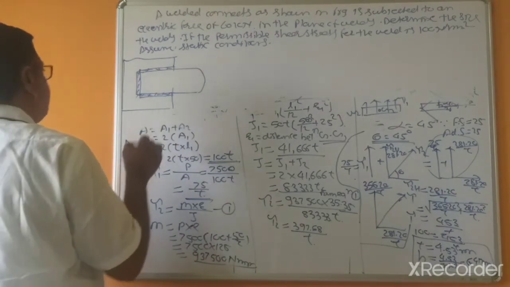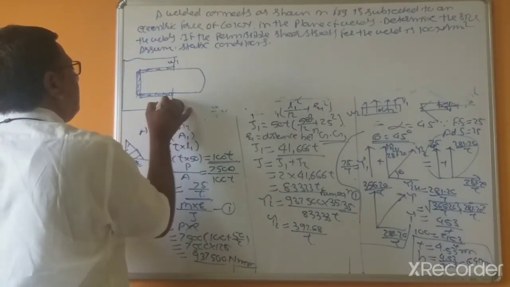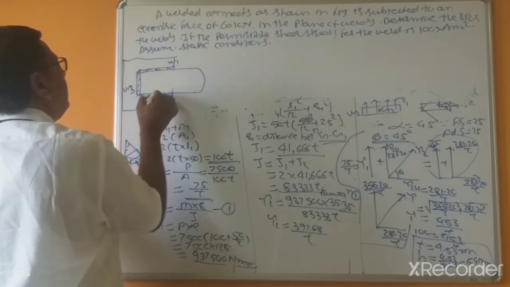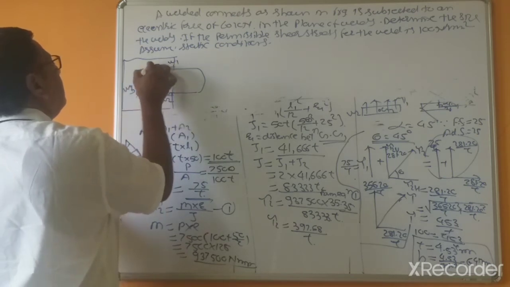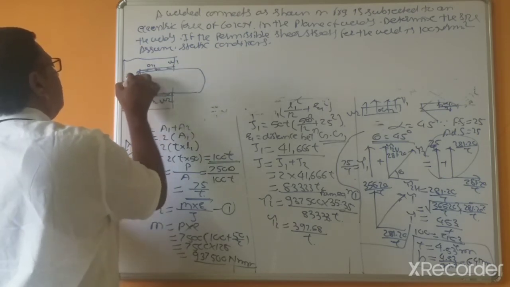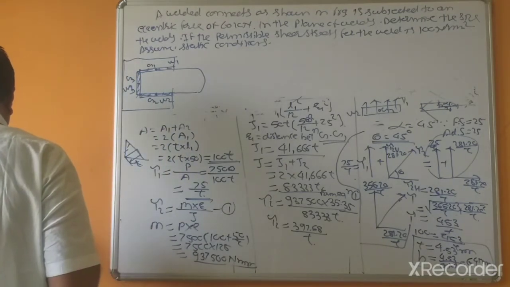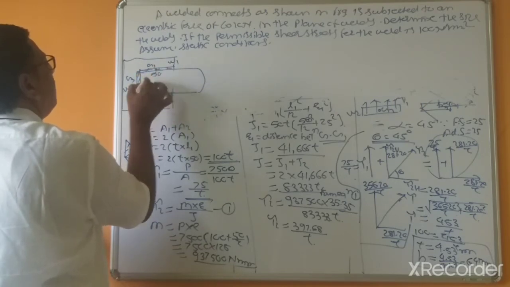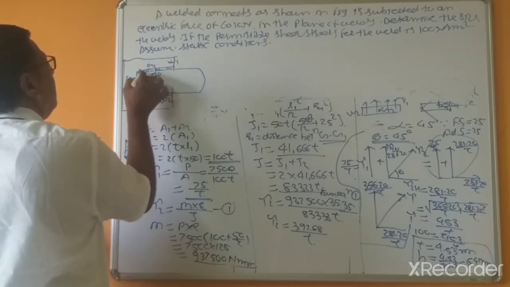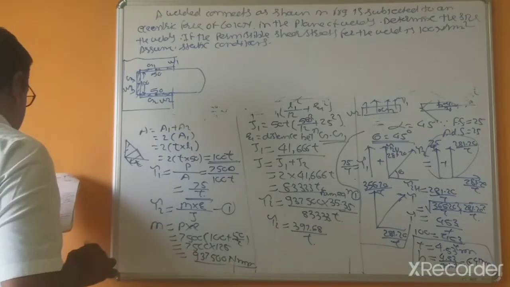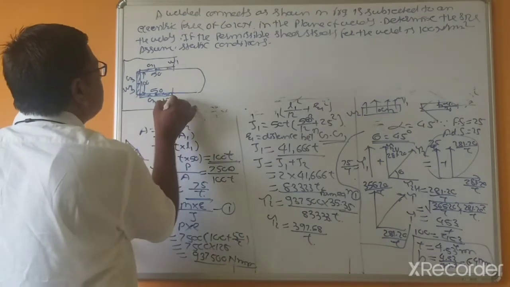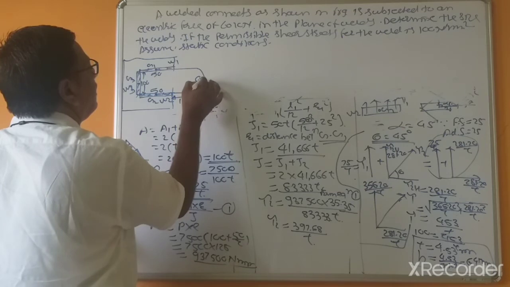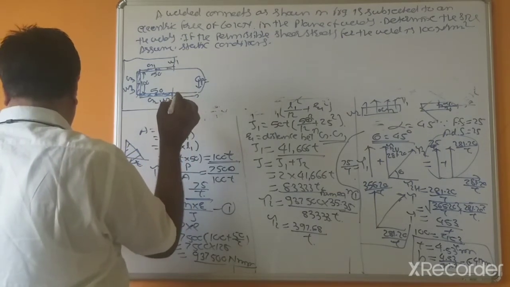Three welds. Suppose this is first weld, second weld, this is third weld, center of gravity G1, G2, G3. This is 50 mm, this is 50 mm, and this is 100 mm. This distance is 150 mm, P equal to 60 kilonewton.